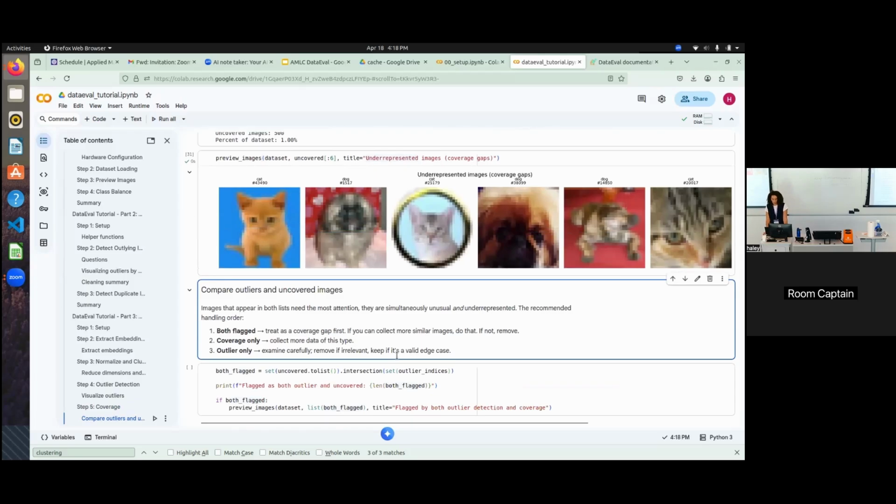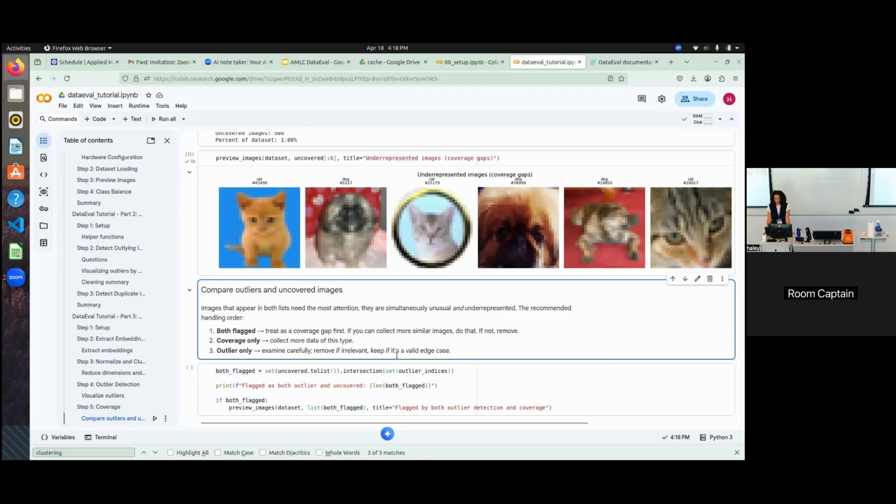The thought process, or mindset, you can have from this is that images that appear in both lists need the most attention. They are both unusual and underrepresented.